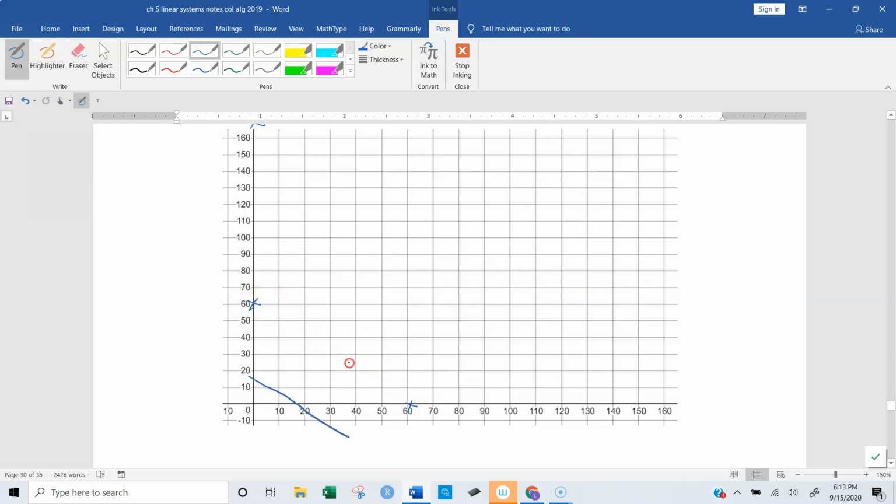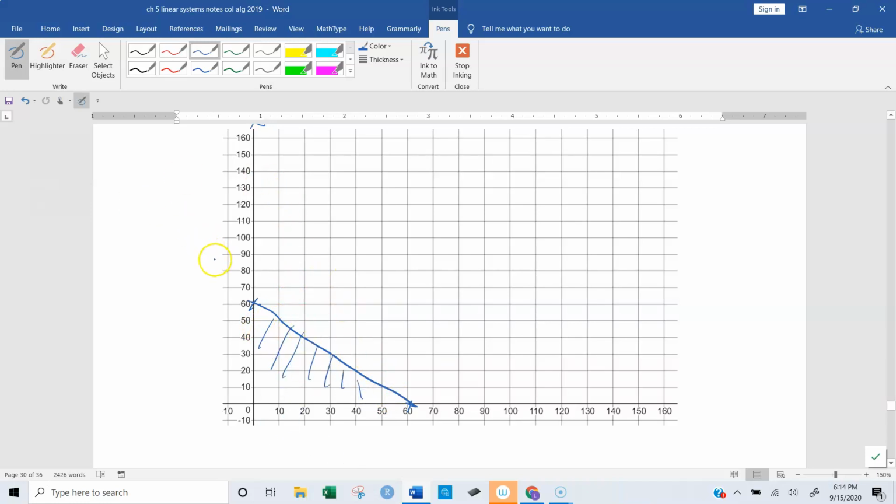Use your straight edge again. Make sure you're doing well. All right. When we plug in 0, 0, is 0 less than 6,000? The answer is yes. So this is shaded this direction.